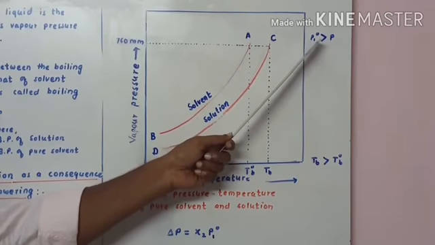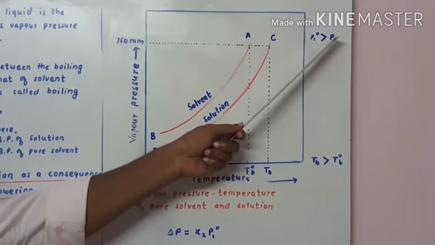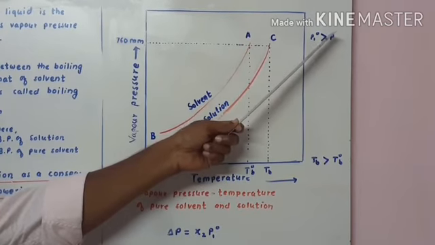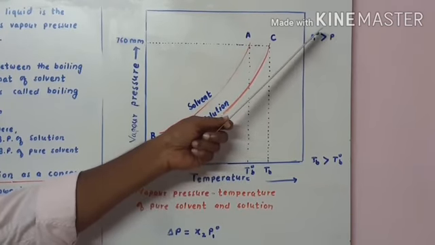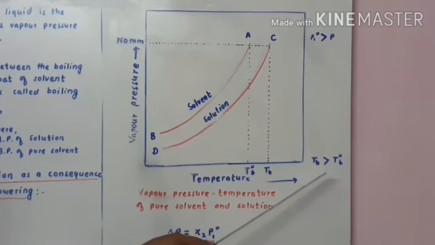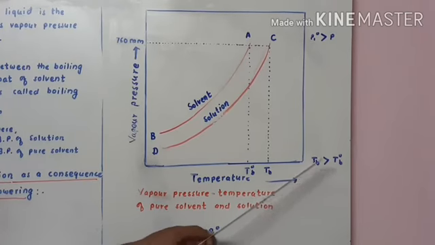It is noted that the vapor pressure of the solution is always less than the vapor pressure of the pure solvent, and the boiling point of the solution is always greater than the boiling point of the pure solvent. So their relation must be known.